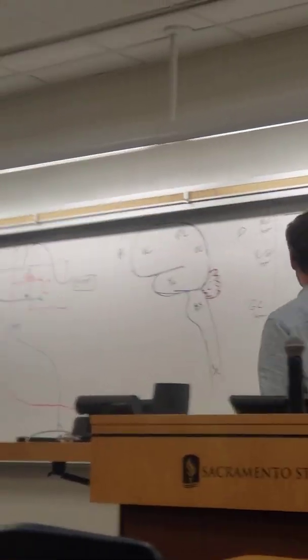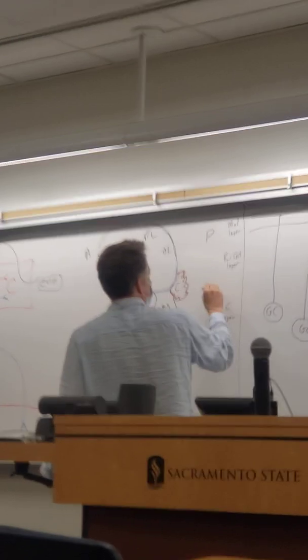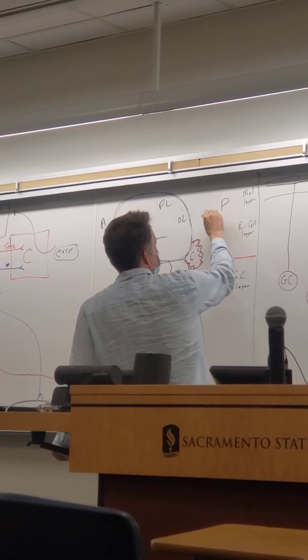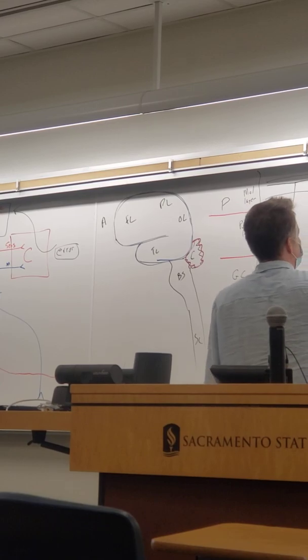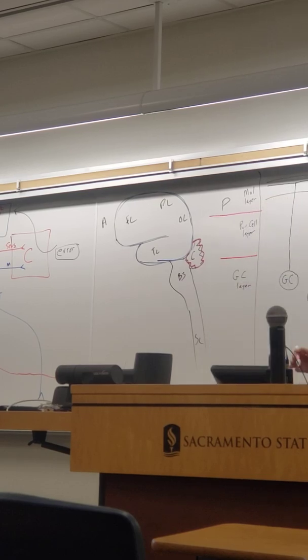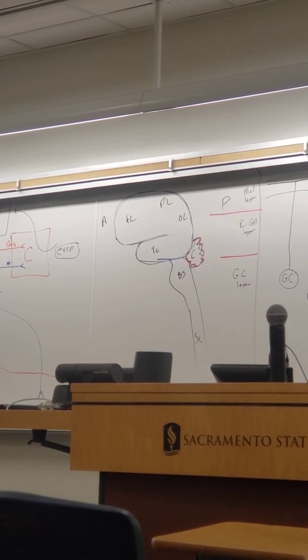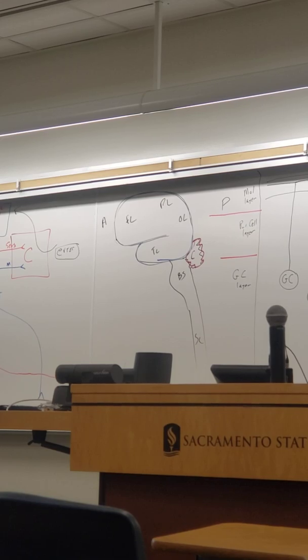Then we got these massive Purkinje cells. And what they do is they have a fiber going up here, and it's talking to the granule cells, or the granule cells are talking to it. Okay, see it?